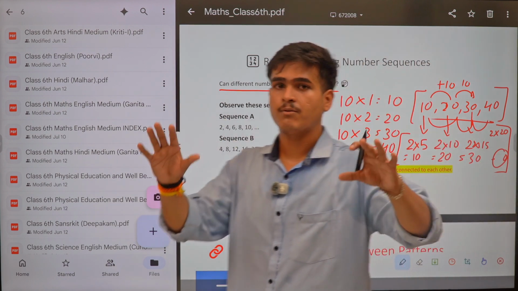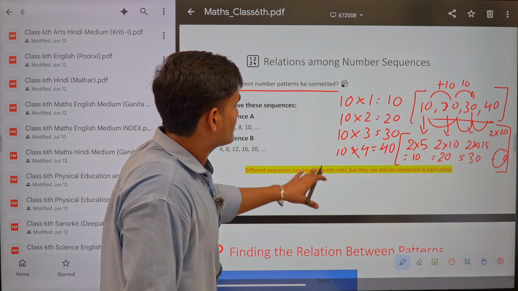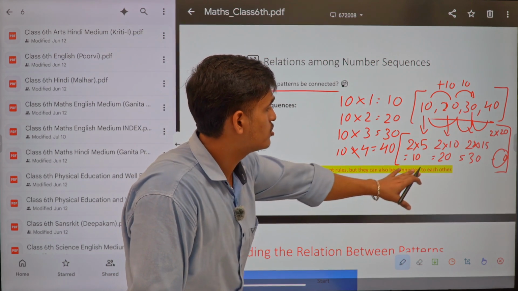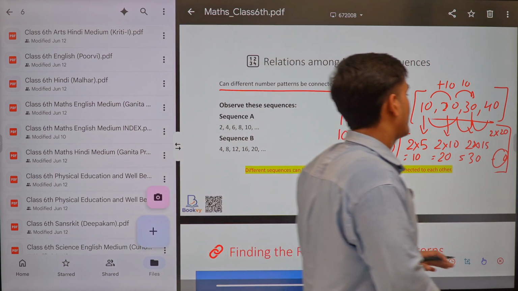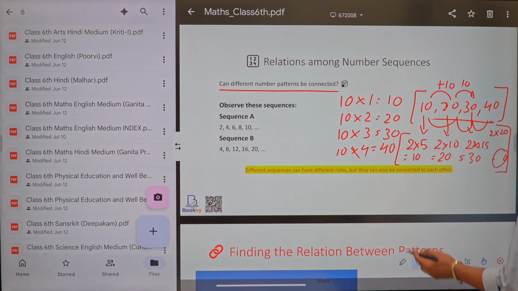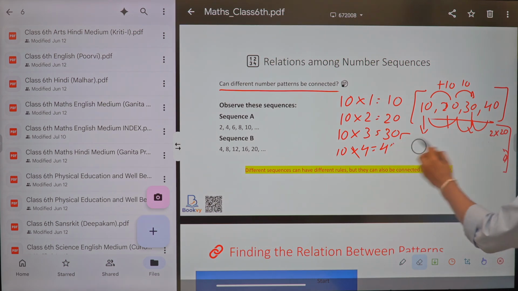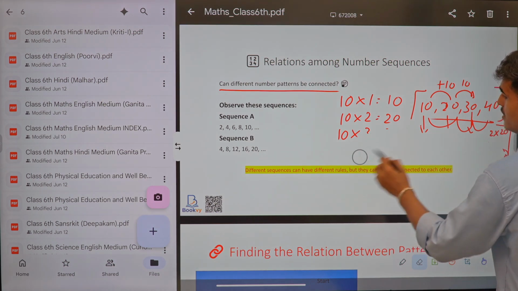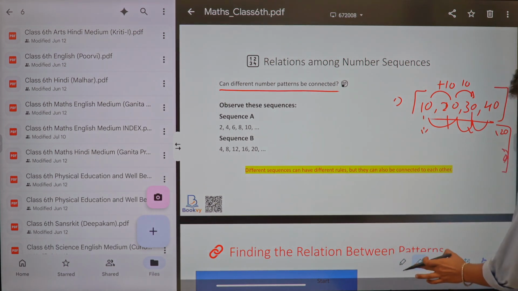So every sequence, different sequences can have different rules, but they can also be connected to each other. So make sure whenever you are making any pattern, they are always connected to each other.